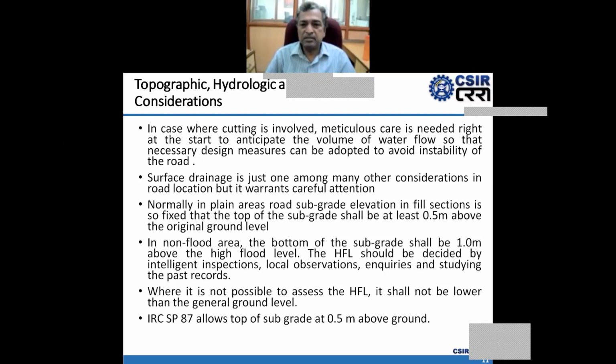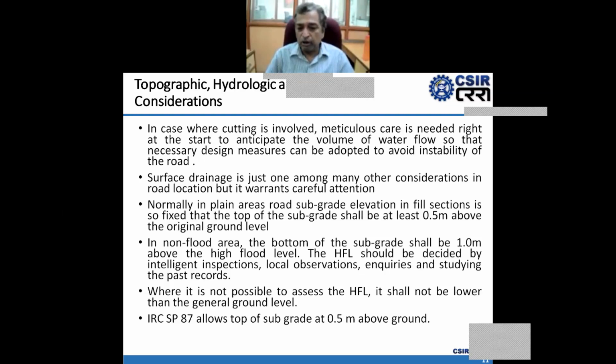Normally in plain areas, road surface elevation in full sections is so fixed that the top of the subgrade shall be at least 0.5 meter above the original ground level. In flood area, the bottom of the subgrade shall be 1 meter above the highest flood level, and highest flood level should be decided by intelligent inspections, local observation, inquiries, and studying the past records available in the PW department or RU department.